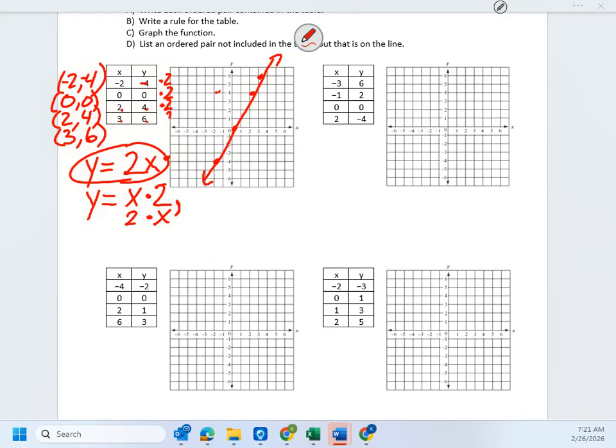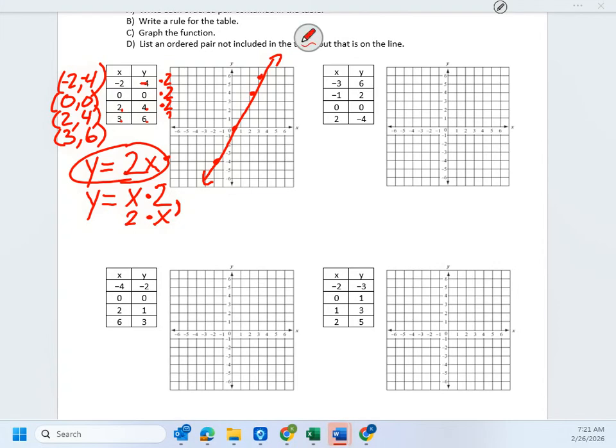That point is not on the same line. I messed up somehow. So that is your checkpoint. Did you accidentally put a positive instead of a negative? If you have a point that doesn't fall on that line, you know you made a mistake. Go back and double check how you graphed it.